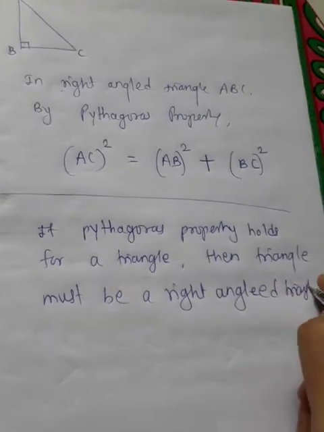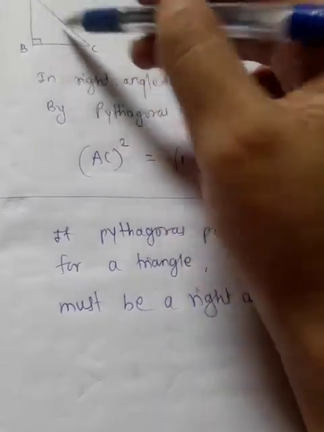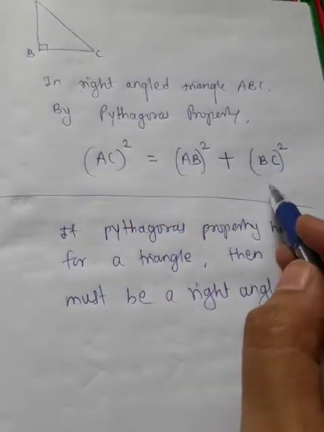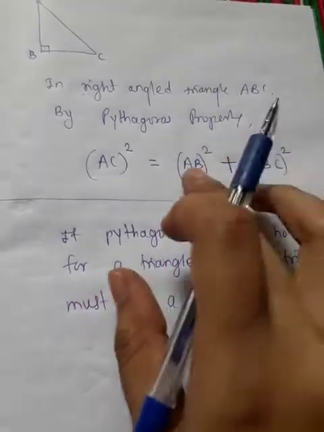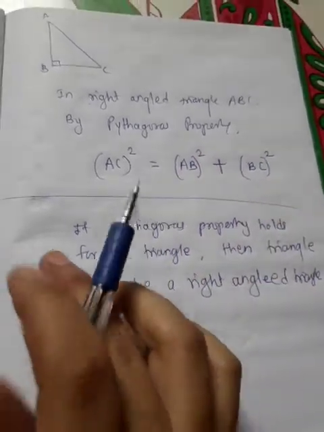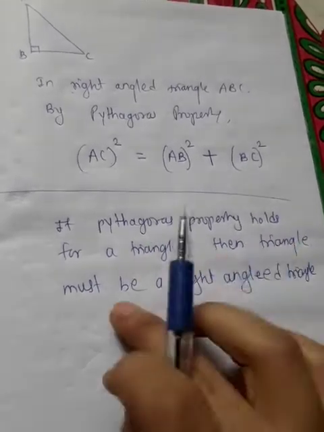In reverse way also it holds, meaning if the given triangle is a right angle triangle, then this property holds: the square of the hypotenuse is equal to the sum of squares of legs. And if the Pythagoras property holds for any triangle, then the triangle must be a right triangle.